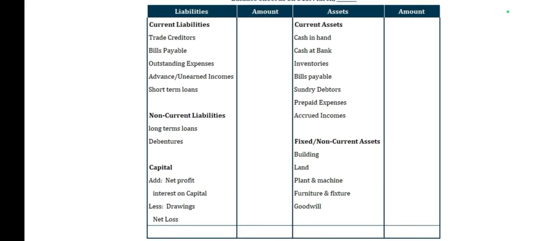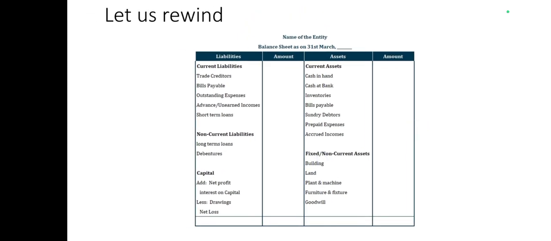In assets, we have current assets and non-current assets. This will help us prepare the balance sheet of the company. It is given here to revise our previous knowledge of what we already know about the balance sheet, because the concepts are going to be the same, only the format is being changed in this case.